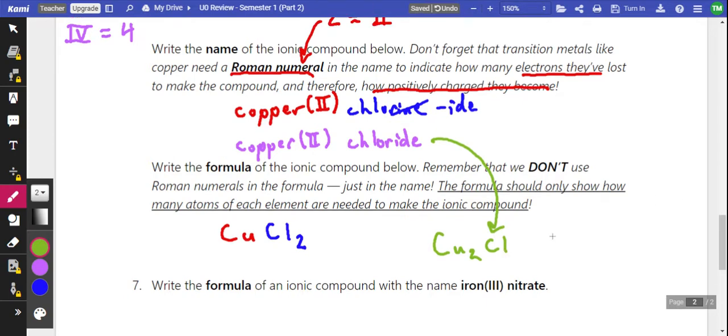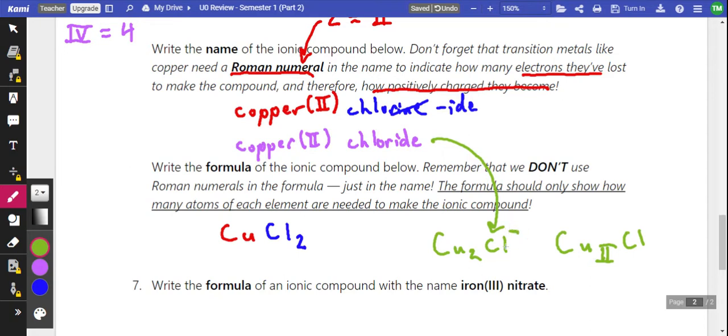Or they'll write it as Cu with Roman numeral 2 and Cl or something like that, which seems logical. You've got a 2 there, so why wouldn't you have 2 there? But you've got to remember that Roman numeral 2 is about how positively charged it is. Our chlorine on the periodic table has to have a negative 1 charge.